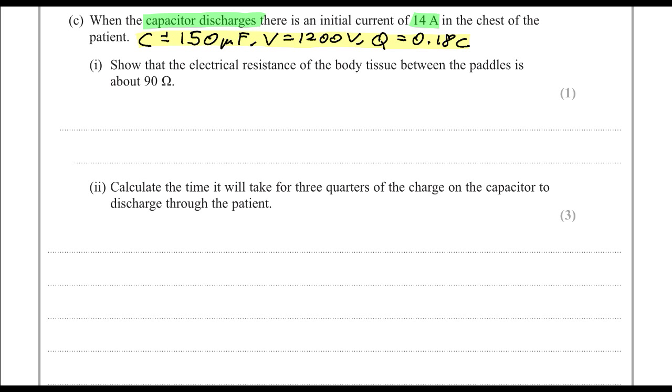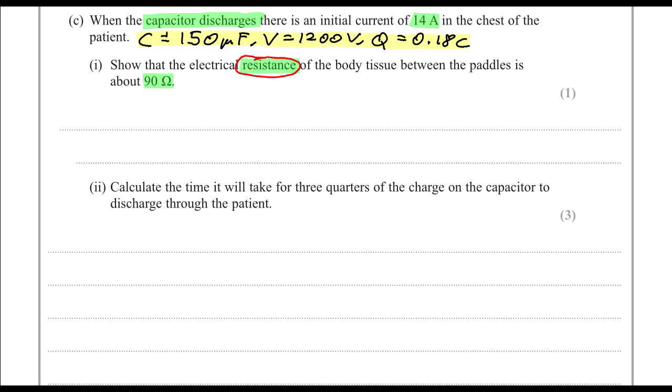Then in the first part, we need to show that the resistance of the body tissue between the paddles is about 90 ohms. So we need to somehow relate resistance to one or more of the values that we have there.